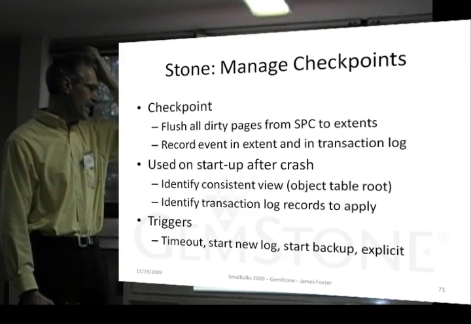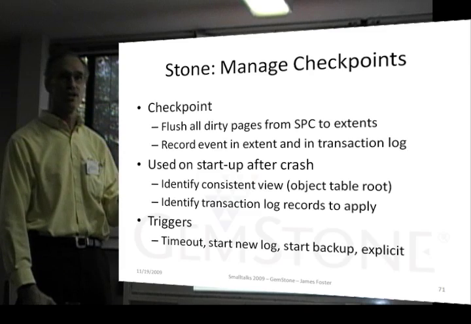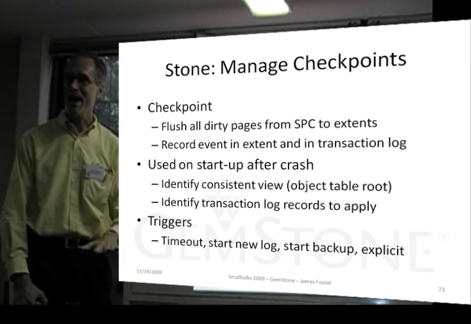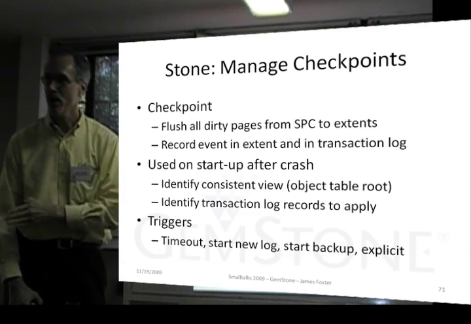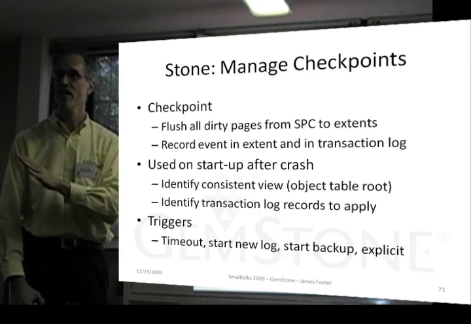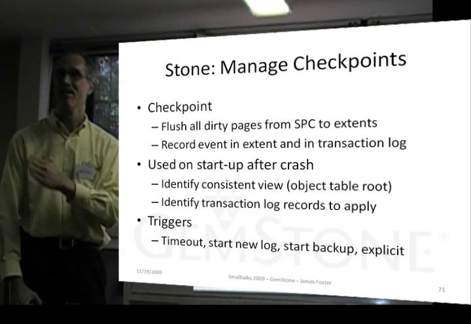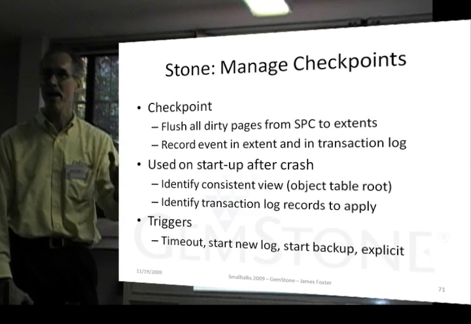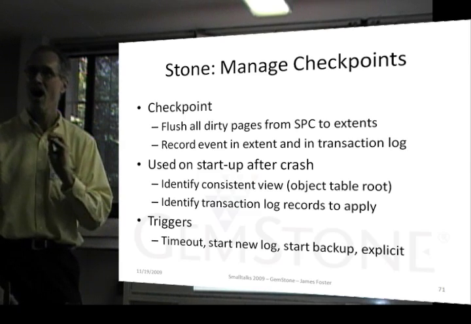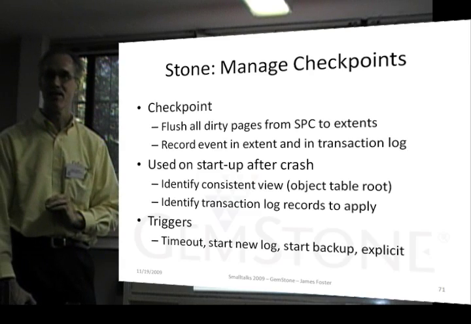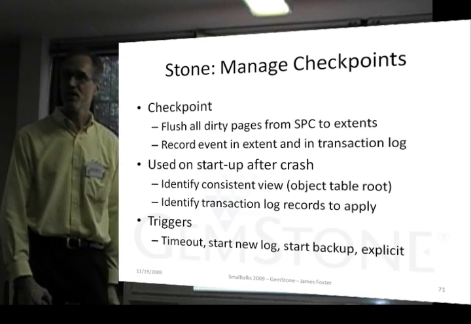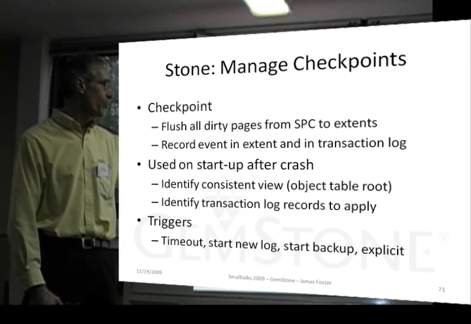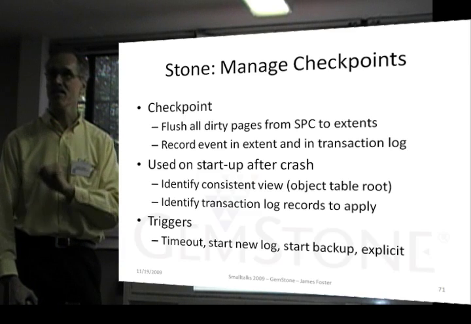It records the event in the extent and the tran log, so that if the system crashes, we can know which checkpoint we were on, and we can know that all the pages associated with this particular commit record, all the pages from here and earlier, are written to the extent. Stone manages that.